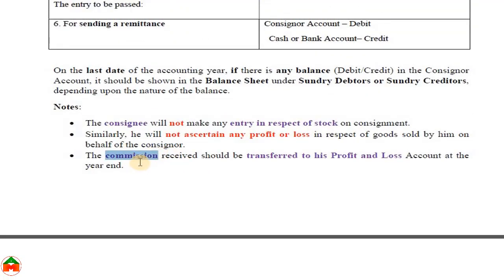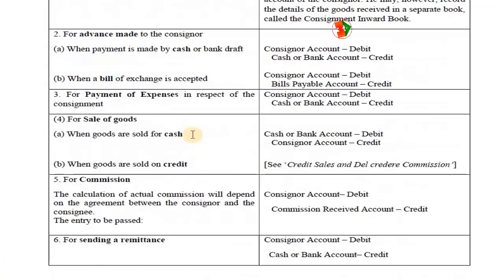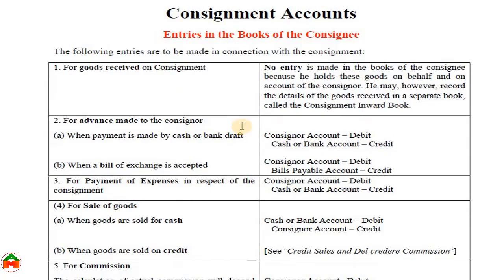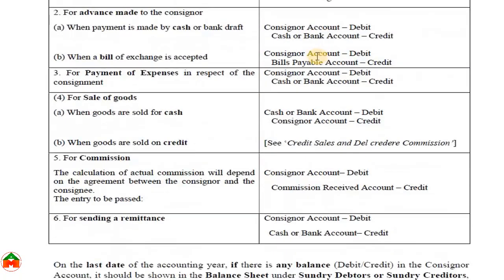But since the commission is a revenue for the consignee, that revenue should be transferred to his profit and loss account at the end of the year. These are the initial discussions about the journal entries that should be recorded in the books of consignee.